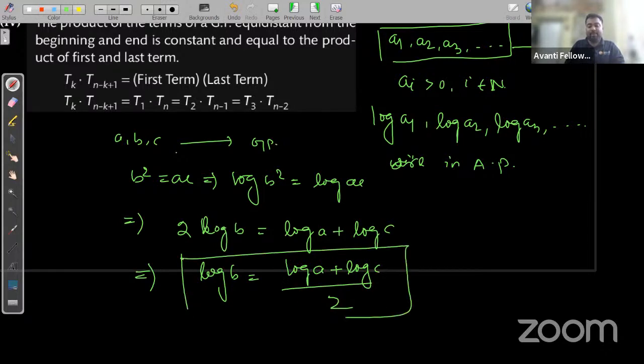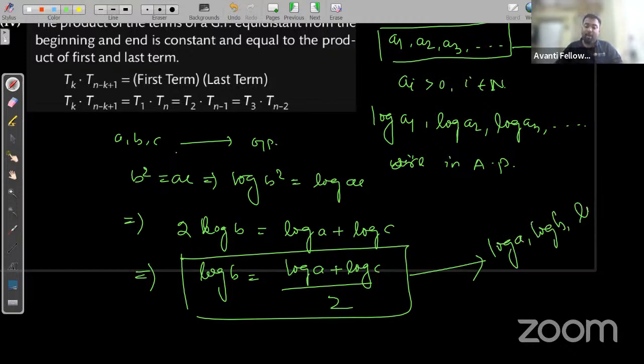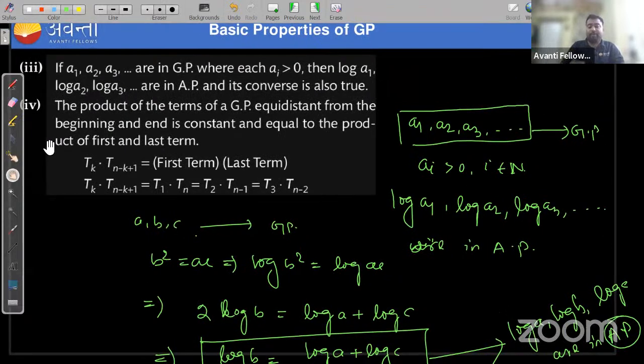So from this we can conclude that log of A, log of B, log of C are in AP. Is it proved or not? Yes? Clear?